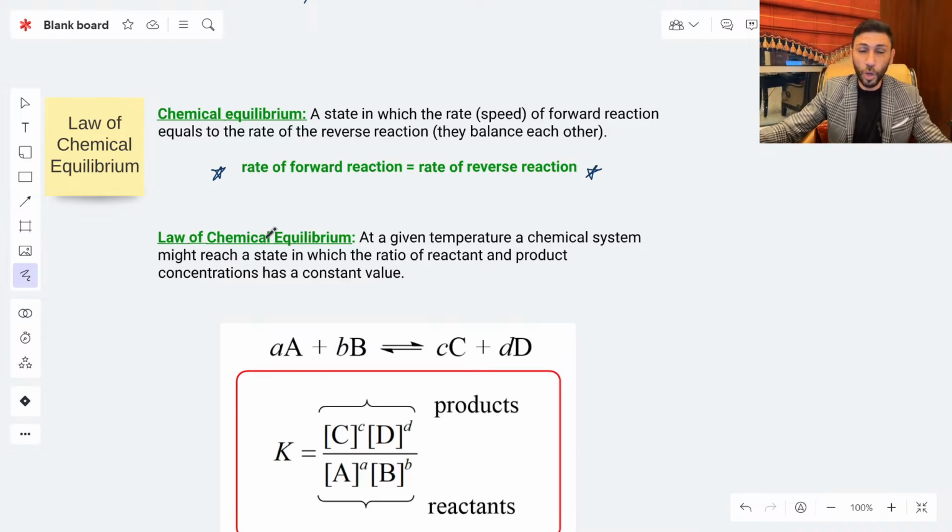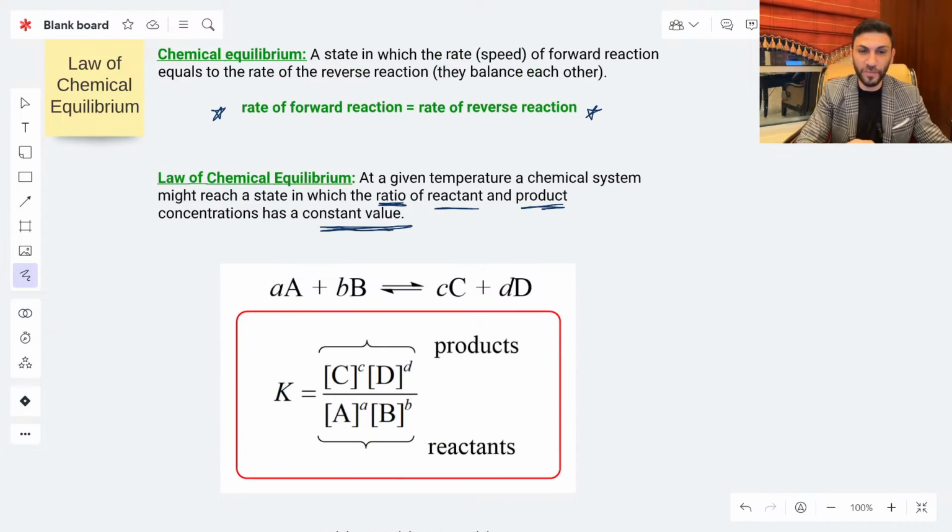Now, the law of chemical equilibrium states that at a given temperature, a chemical system might reach a state in which the ratio of the reactants and the products concentrations has a constant value.